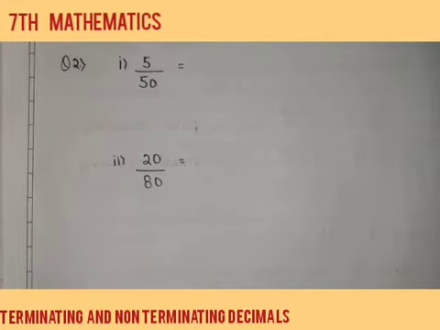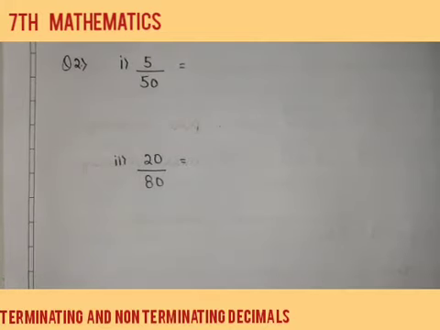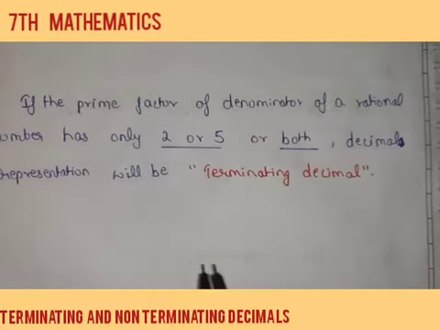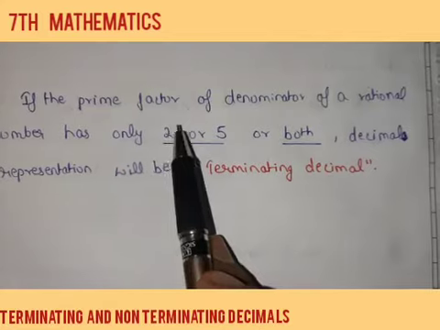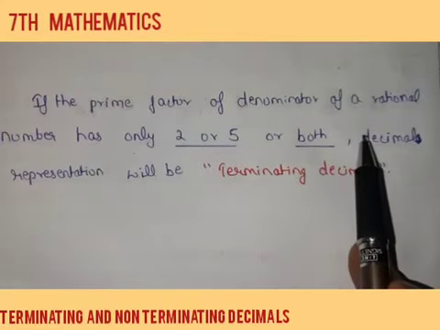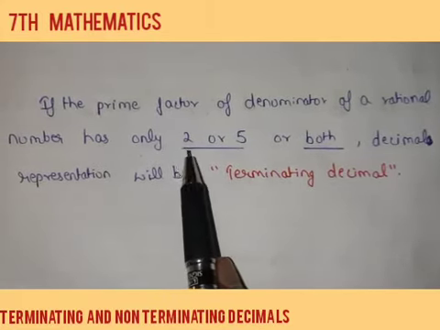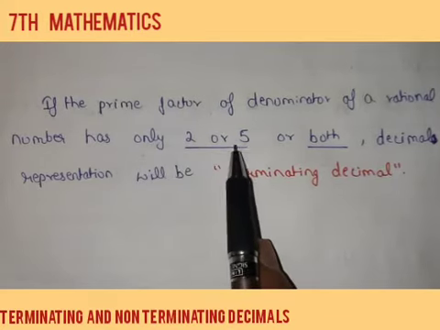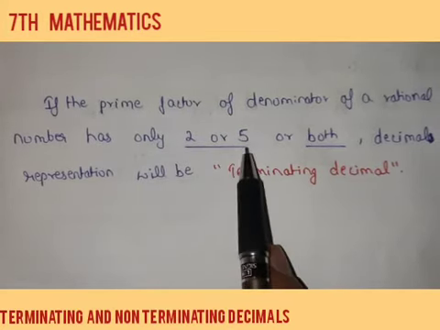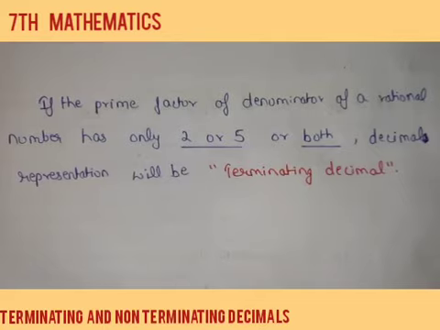There is a method in which, without long division, we can simply tell which of the given rational numbers are terminating and non-terminating. The method is: if the prime factors of the denominator of a rational number are only 2, only 5, or both 2 and 5, the decimal representation will be a terminating decimal.